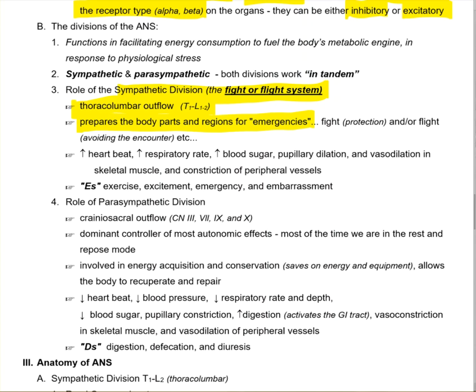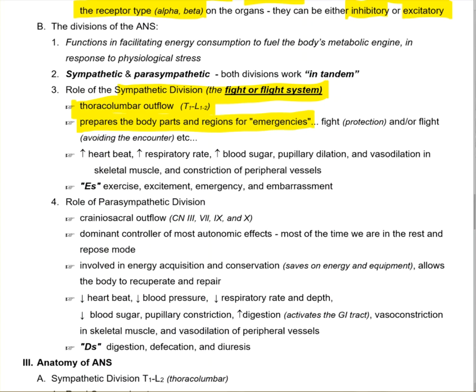So what do we want to do when we're in that kind of situation where we have an emergency to deal with? We need to have oxygen and glucose available to our muscles so we can activate those muscles and do things that we need to do, either fight or protect ourselves or take on the task, or flight, avoid it, get away from it. So think of things that should happen.